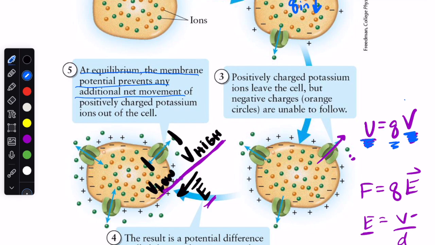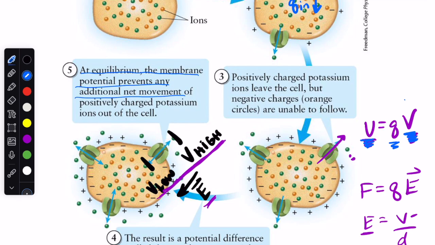Okay, so this potential is no longer large enough to give a sufficient amount of energy to the charge to leave the membrane, and that's the signal that the cell has finished doing its job and the cell is now in equilibrium.